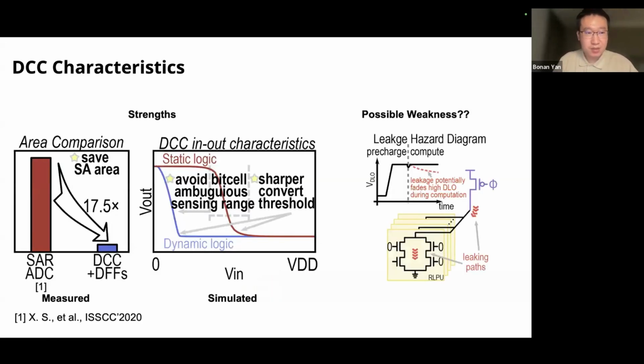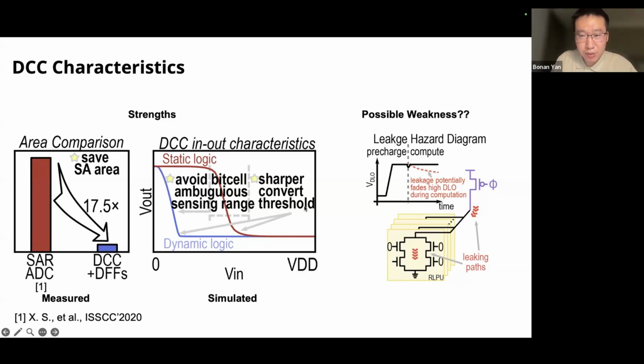And with this circuit design, we can see that the DCC, the pull-up transistor, works as the ICA for the computation. Basically, it's a one transistor structure, so it's very compact. So it saves area, and the dynamic logic, compared to the static logic, is a biased design, so it has a very good amplification function.